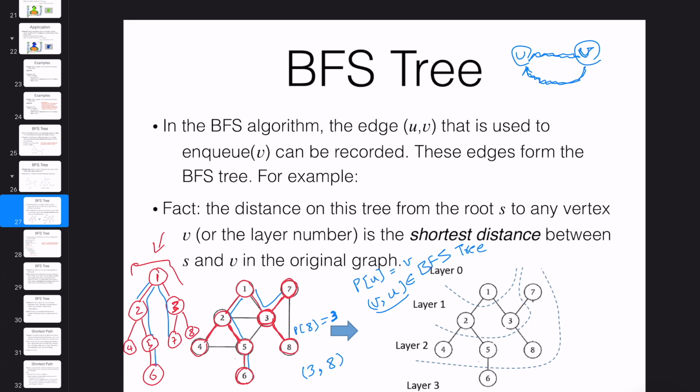So not only are you covering all the edges that you have visited as a part of the BFS tree, but it also gives you the complete path.